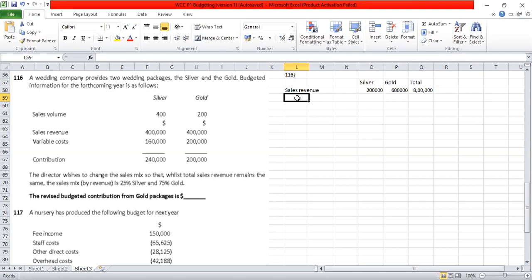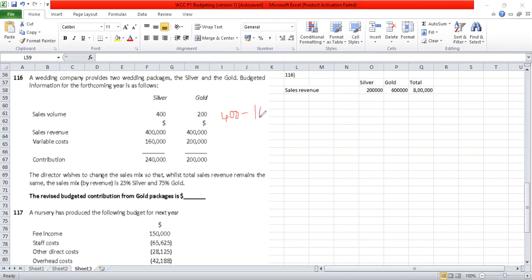When sales revenue was 400, variable cost was 160. So now how much will be variable cost? Proportionately we change it. So the logic will be, when the sales was 400, variable cost was 160. Now it is only 200.